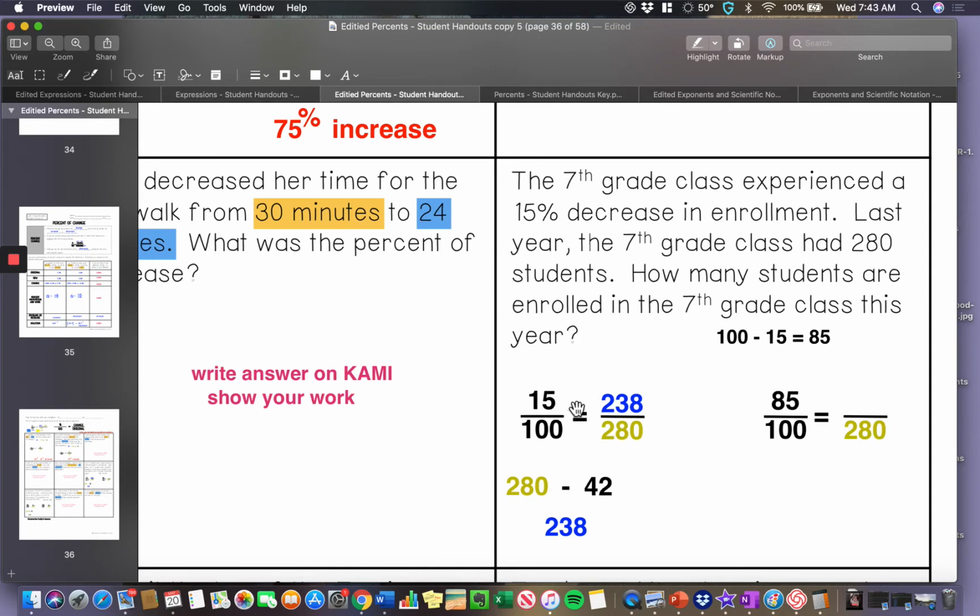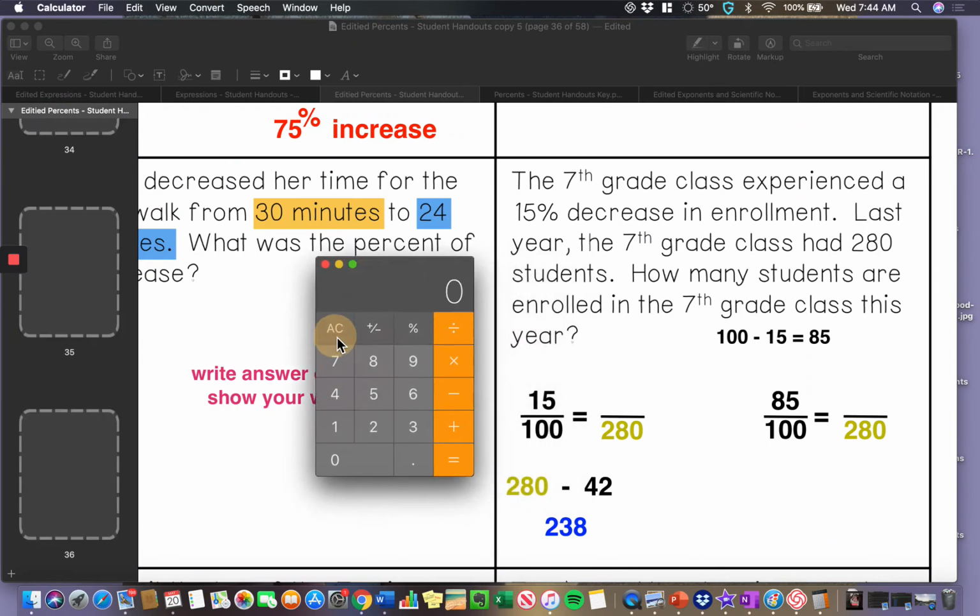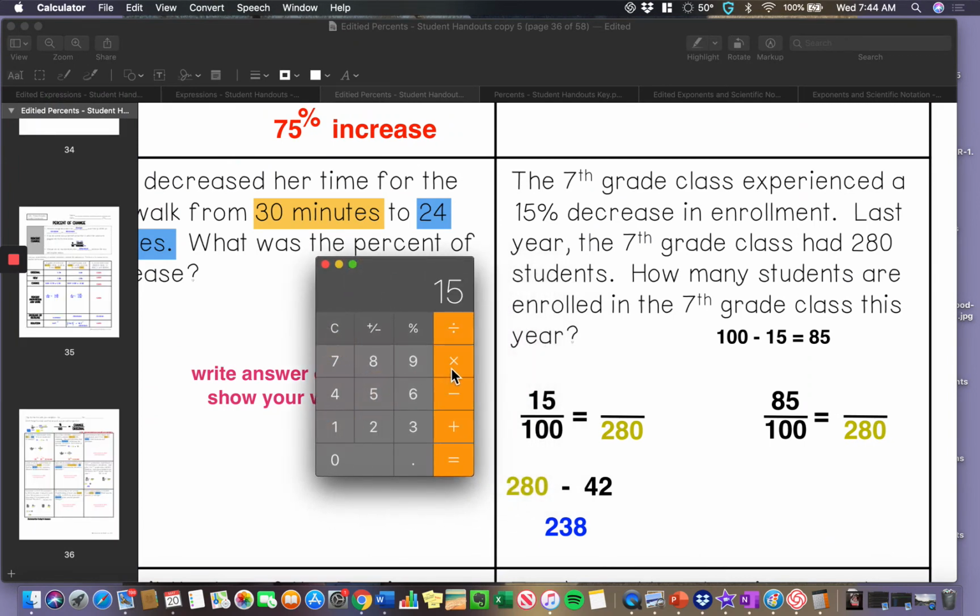Okay, now I do know it decreased by 15%. So our percent proportion would tell us that we have our percent, 15 over 100, and that the whole amount was 280. Well, let's find out how I got 238. So when I cross multiply 15 times 280, I get this big number right here, and then divide that by 100, and I get 42.